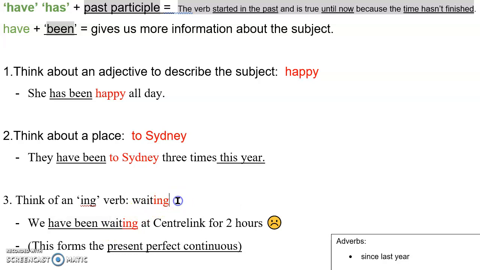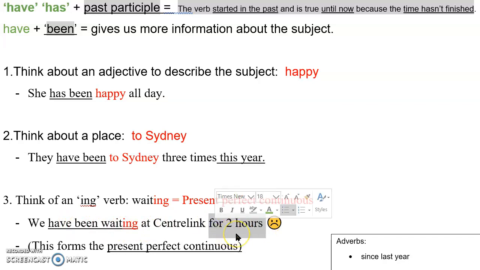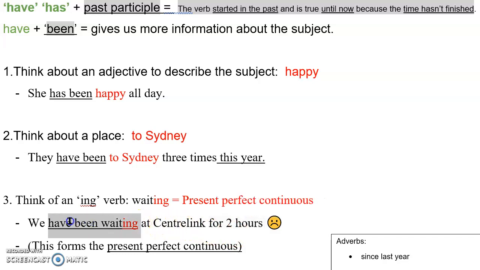This actually forms what we call the present perfect continuous. All right, so our time is for 2 hours. So this tells us this verb started in the past and is happening until now. We have been waiting.